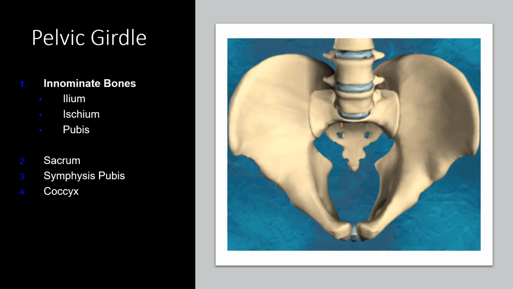And the innominate bones are collectively the ilium, the ischium, and the pubis. So repeat after me. Innominate bones, sacrum, symphysis pubis, coccyx, ilium, ischium, and pubis.